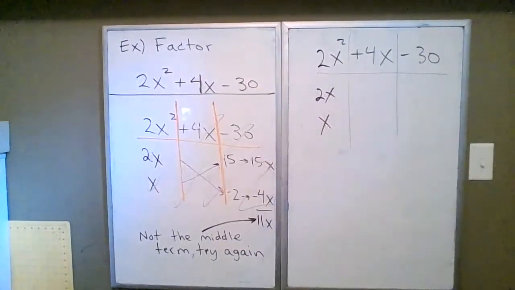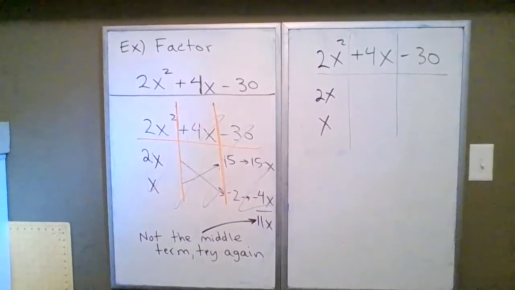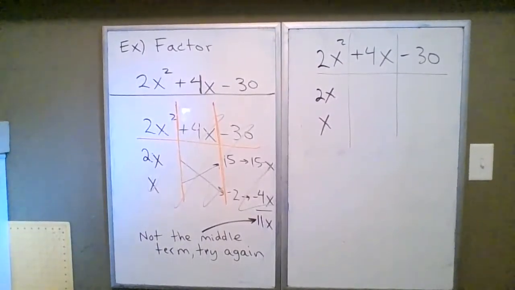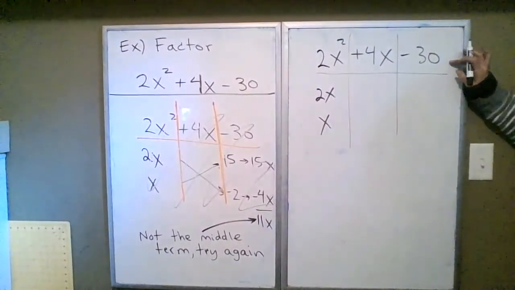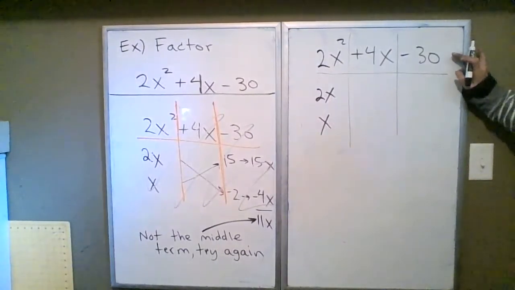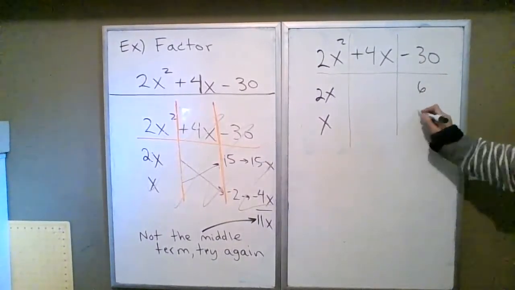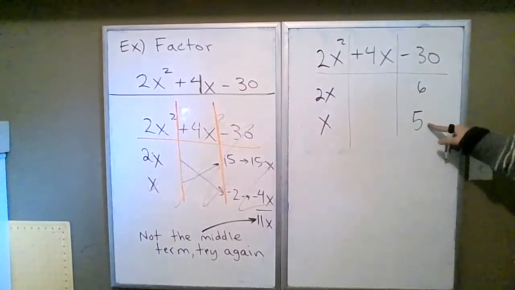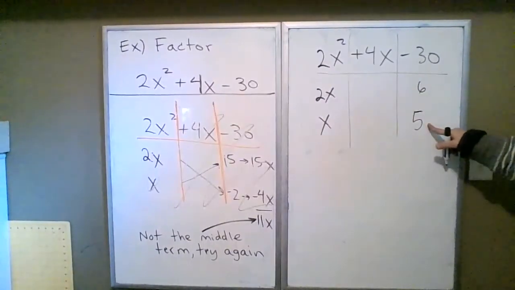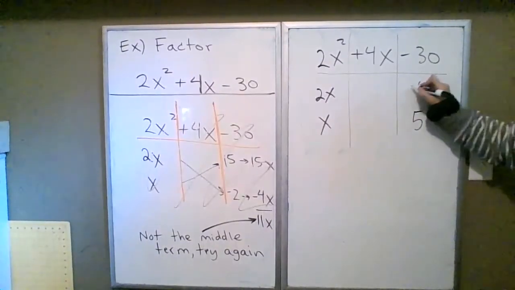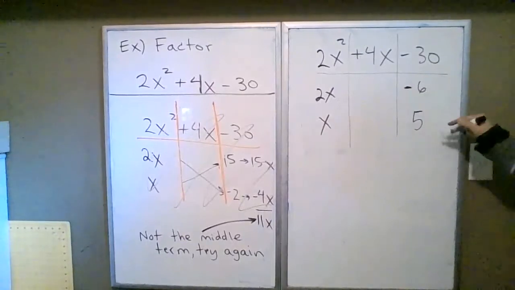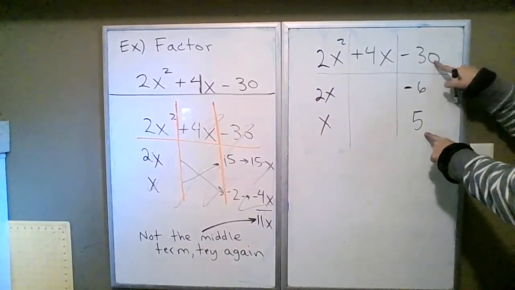Let's see. We're going to use, instead of 2 and 15, we're going to try 6 and 5. And I'm going to go with 6 here, 5 there, and one of them needs to be negative. So here, negative 6. Positive 5 times negative 6 is negative 30.